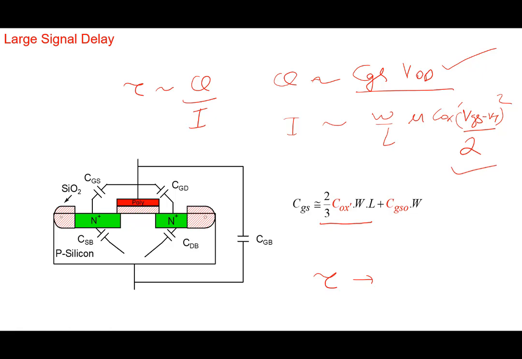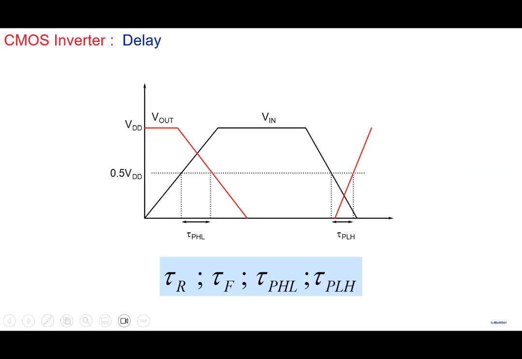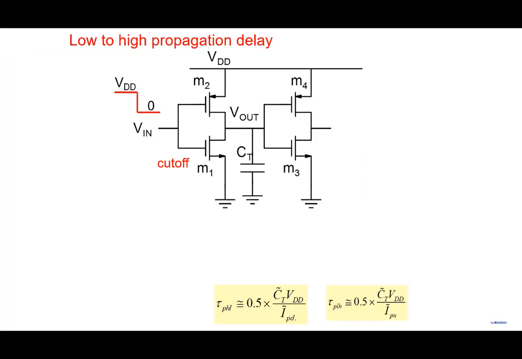Now if you want more realistic expressions for delay, then these are okay, they capture the factors qualitatively. If you want a more accurate description of delay, then you have to go towards a CMOS inverter. And then you need to talk about, as we were trying to do in the last lecture, looking at expressions like this, and then accounting properly for all the capacitors that are there at this particular node here.